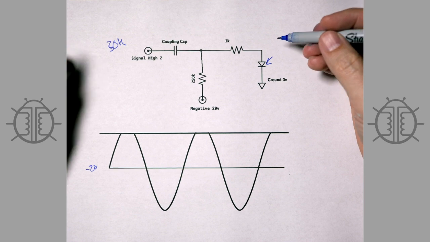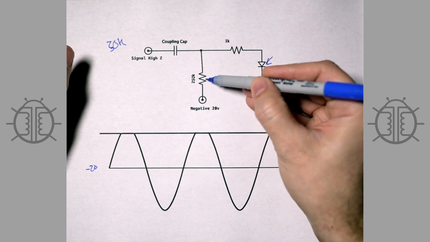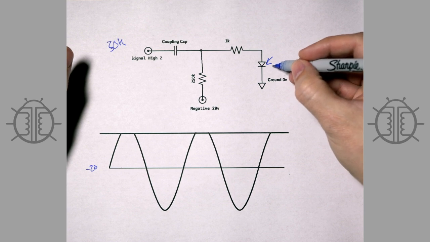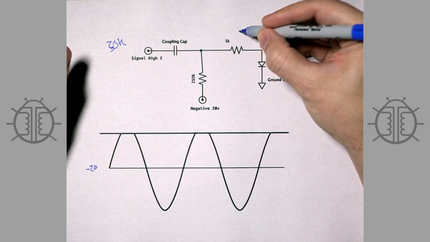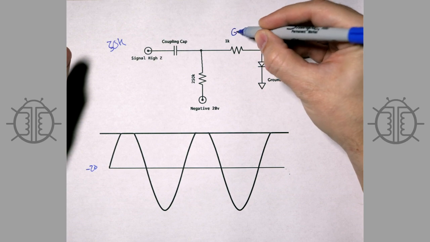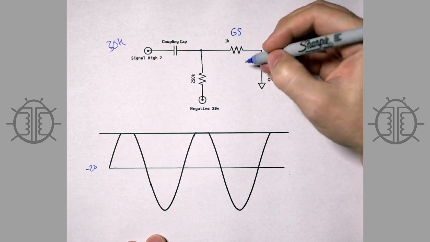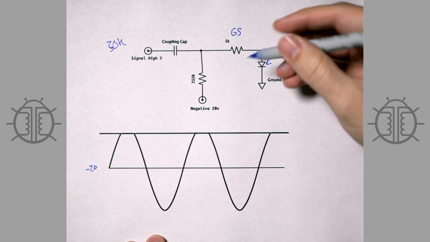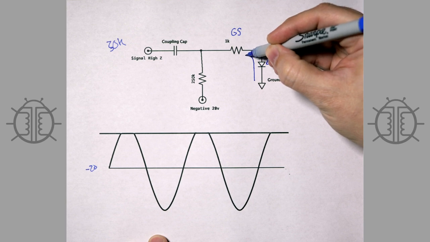It's a very imperfect diode, but it's enough like a diode that the load the previous stage was experiencing now drops to whatever this is when it's turned on, which is not very much, a few thousand ohms or something like that, and whatever the value of your grid stopper is. This is the grid stopper. And so you can see that suddenly the impedance drops, and when the impedance drops, it clips the waveform. Another way of thinking about this is that when this diode turns on, electrons start flowing like this.